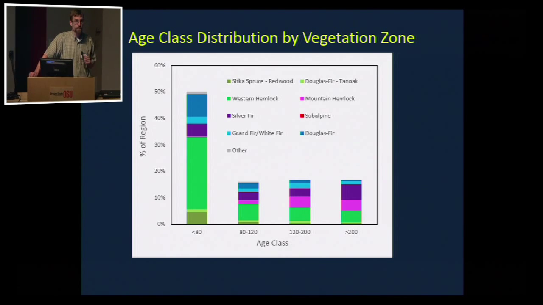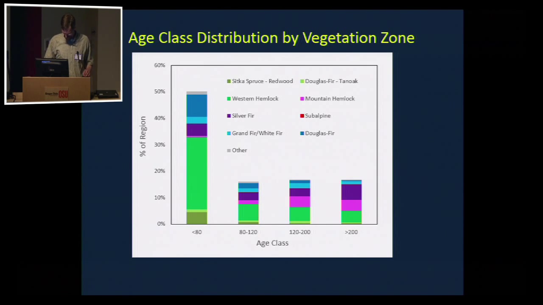When you split them into some finer age classes, 80 to 120, 120 to 200, greater than 200, it's a fairly even distribution. There are some differences in where they occur. Some of the really old stuff is predominantly in the colder, higher elevation vegetation zones, mountain hemlock and silver fir, and the 80 to 120 is a little bit more concentrated in the western hemlock.